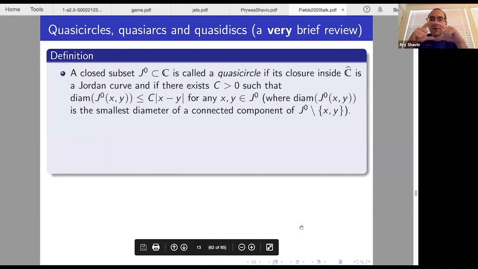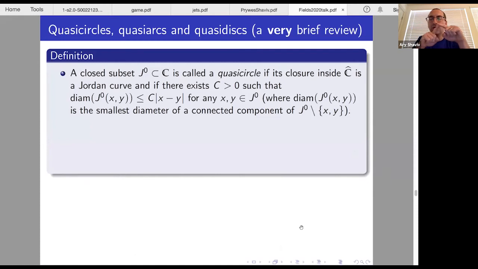You have your quasi-circle, you take two points, and you look at the smallest connected component that connects these two points. Maybe there's more than one, maybe there are two, so take the smallest. This diameter should be bounded by the distance of these two points, up to some big constant. I think maybe in the literature sometimes this constant C is denoted K, and then it's called a K-quasi-disk. But okay, this is a quasi-disk for us.